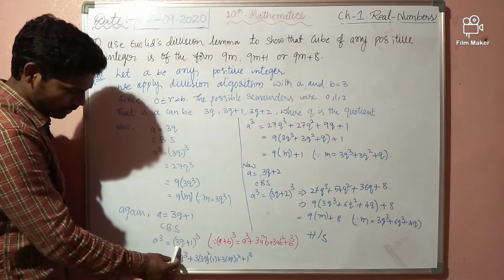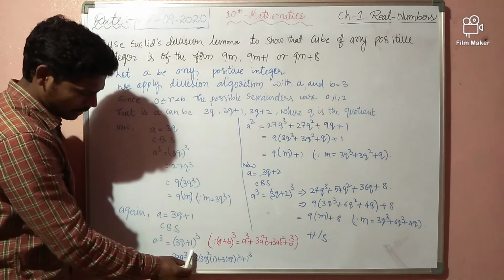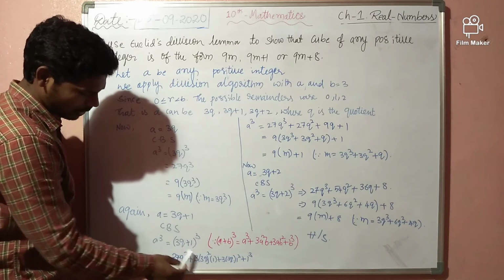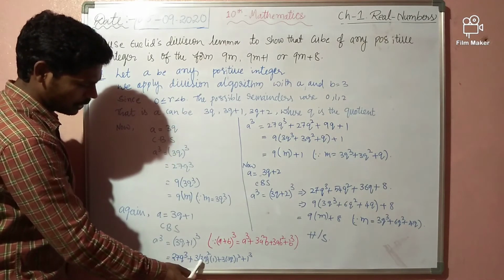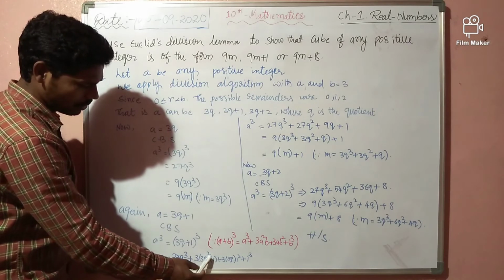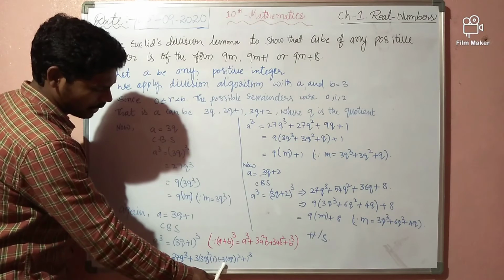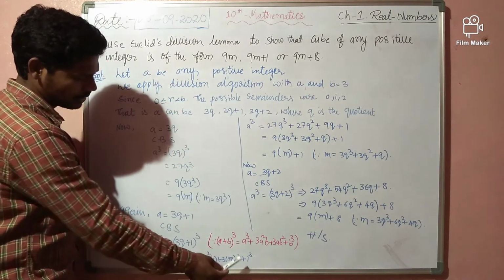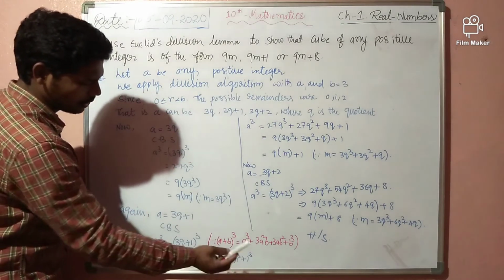So its cube, 3 cube is 27, q cube is as it is, plus 3a square b, 3 into, in place of a we have 3q, its square, into b, that is 1. So that is 3 into 3q whole square into 1, plus 3ab square, 3 in place of a we have 3q, in place of b we have 1, so its square, plus b cube, b is nothing but 1, its cube.